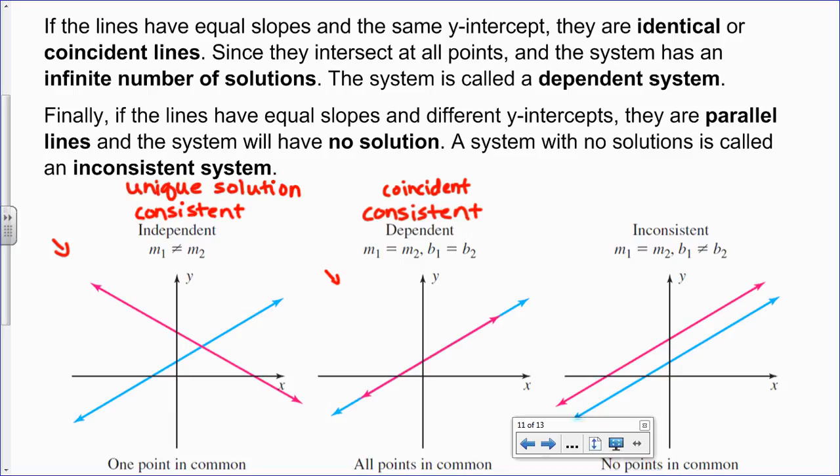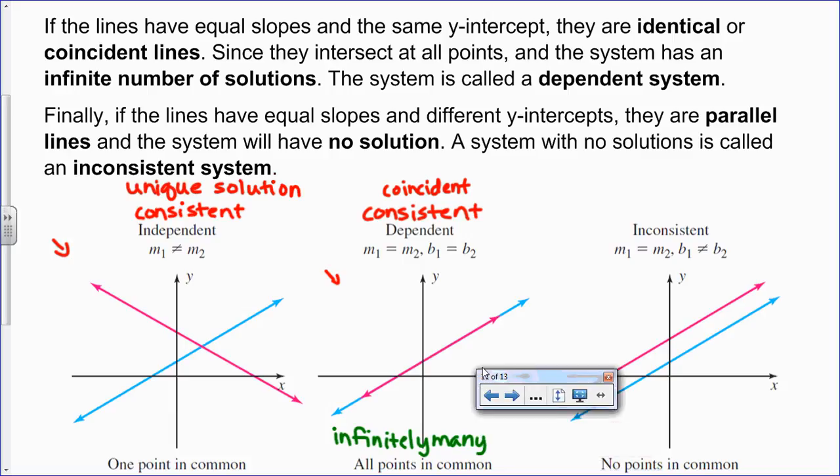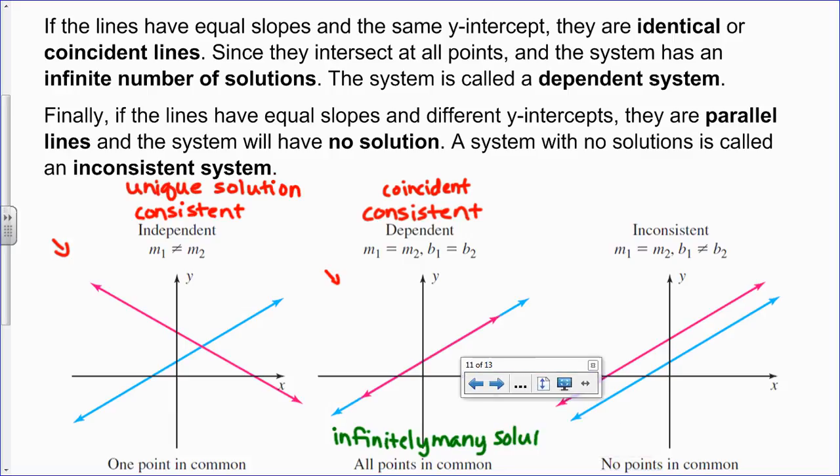This would happen when you're solving if you get infinitely many solutions. Okay, that occurs if your x and y both cancel, and then you get a true statement.